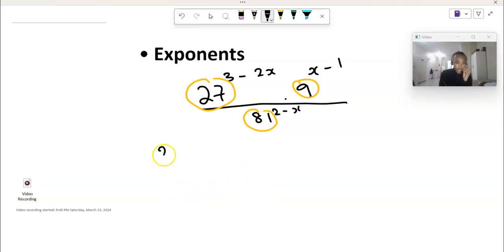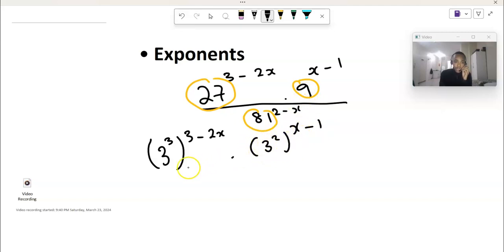So what you'll get is 3 cubed, to the power 3 minus 2x, times, do the same with the 9, which is 3 squared, to the power x minus 1. Do the same with the 81, which is 3 to the power 4, to the power 2 minus x.